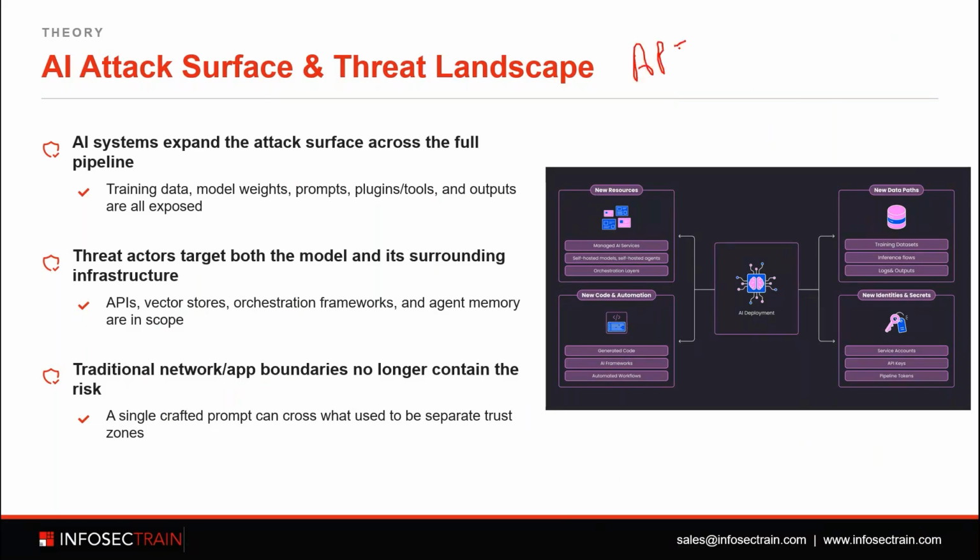Then API and access control weakness, right? So exploiting the integrations between the AI and the enterprise systems. So the systems on which the AI is implemented and the systems which AI is handling.